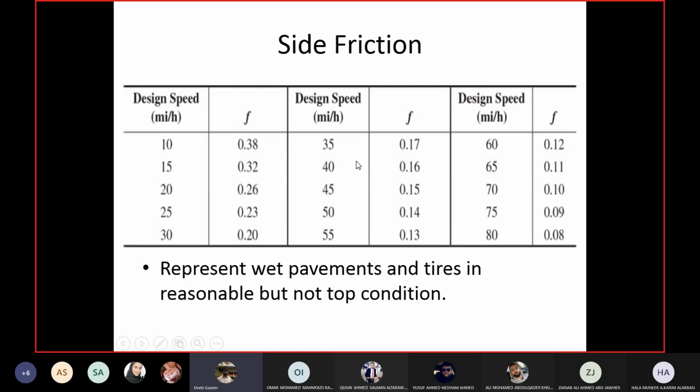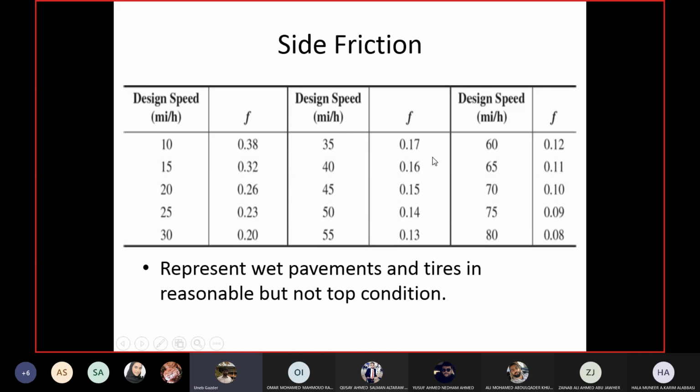So even if you do the interpolation, for example, if I give the value of 38, you will get either 0.1699 something, or 0.1611 something. So you will take either 0.16 or 0.17.